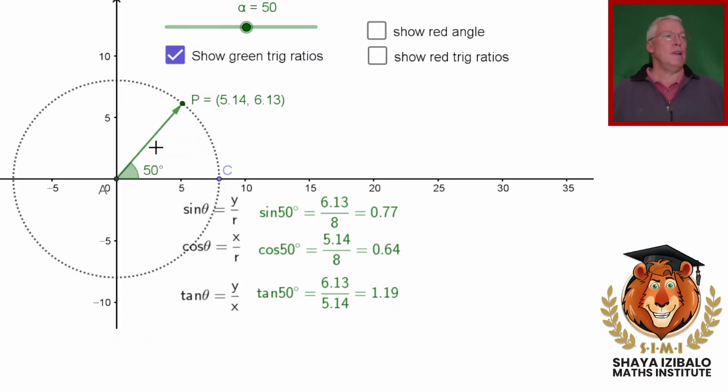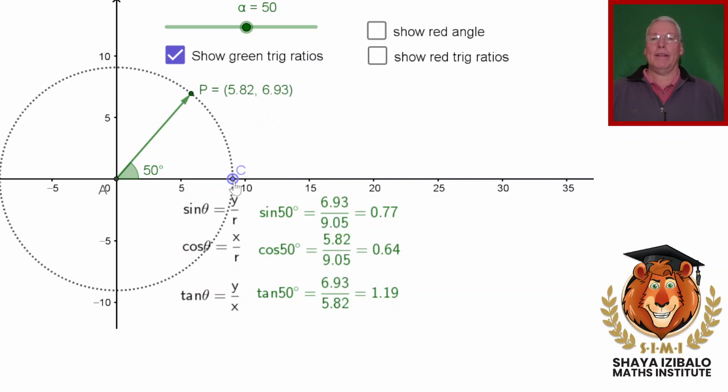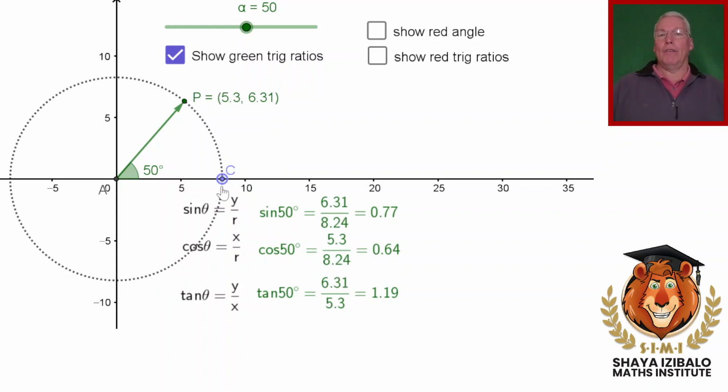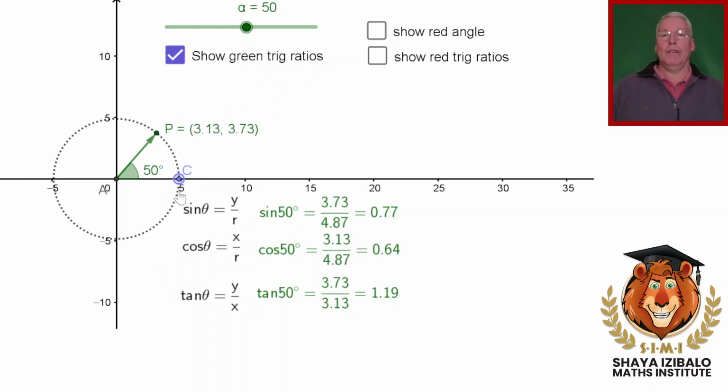Now a really important idea is that it actually doesn't matter how big the circle is. So watch what happens if I make the circle bigger. You'll see the x and y and r values are all getting bigger. Now the radius is 10, but the sine of 50 is still exactly the same size. So the sine of the angle is not dependent on how big the circle is. We can make the circle a radius 5.